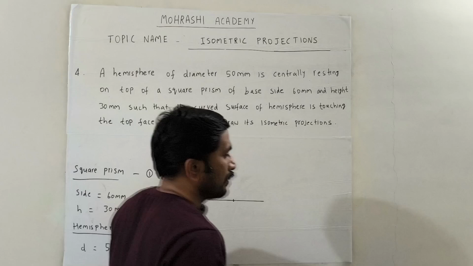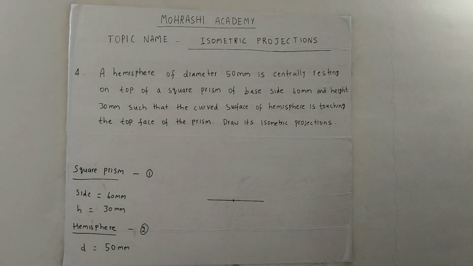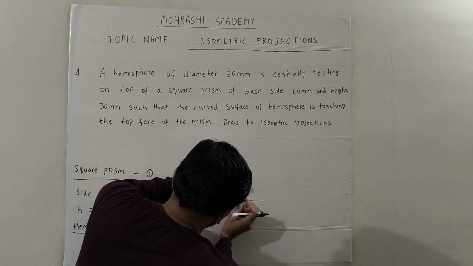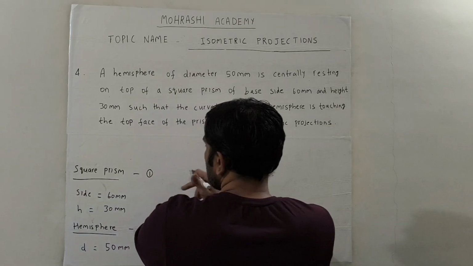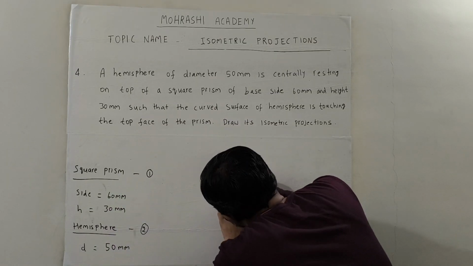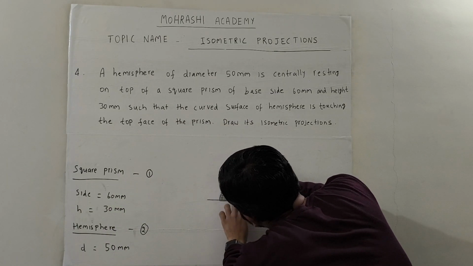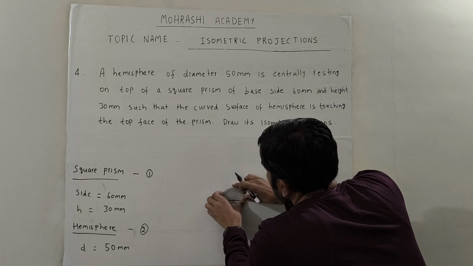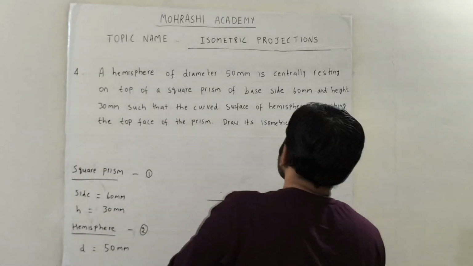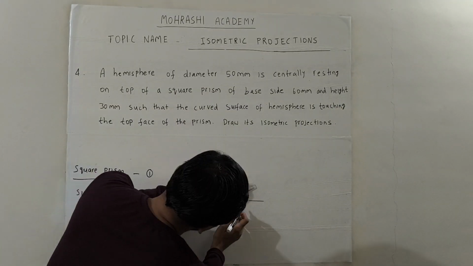From here I have to mark 30 degree. I have to draw the 30 degree, 60 mm line. I mark 30 degree on the right side, and also on the left side. Here 60 mm, that means 6 centimeter.